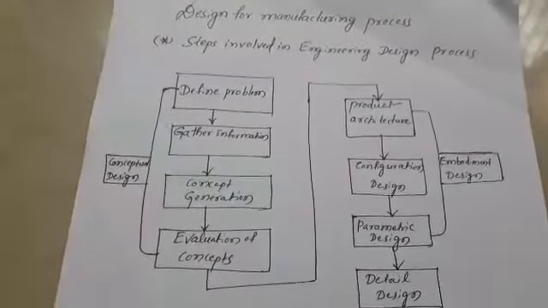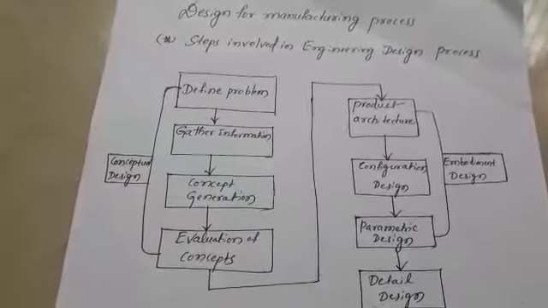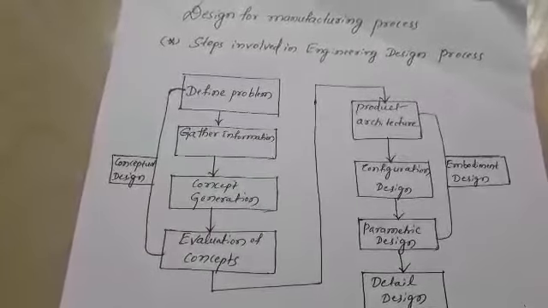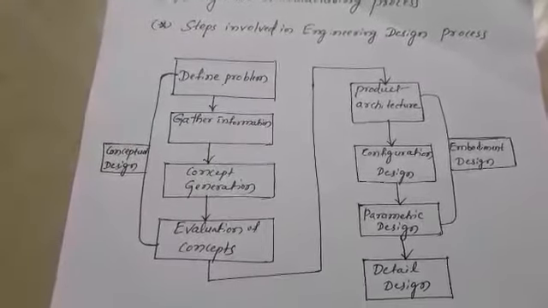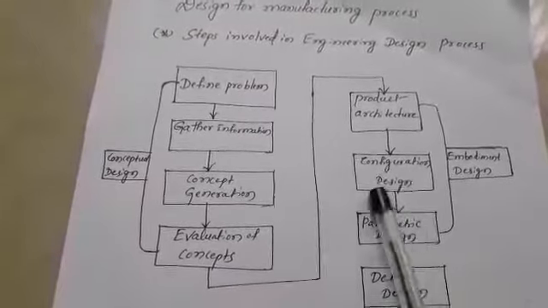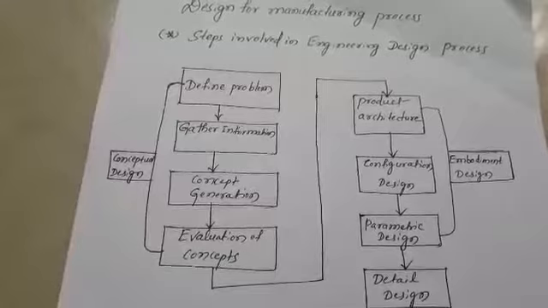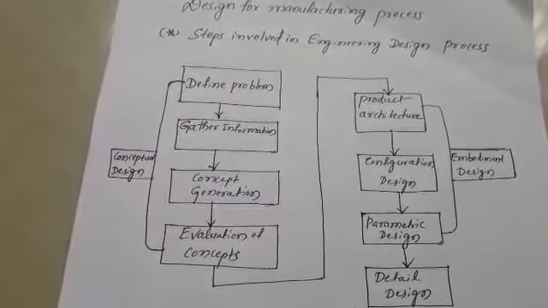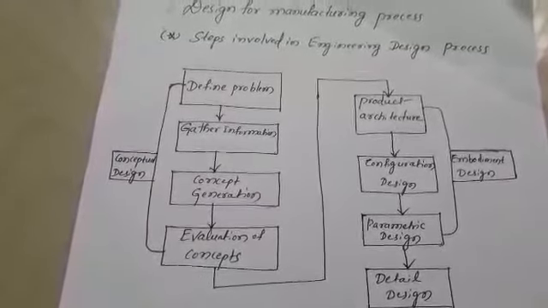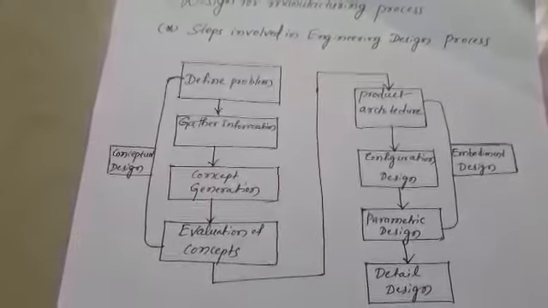And sometimes if you have not taken any decision about the material and manufacturing process in the previous steps, that is, in the configuration design, then in parametric design we have to take the decision about the materials and manufacturing process.